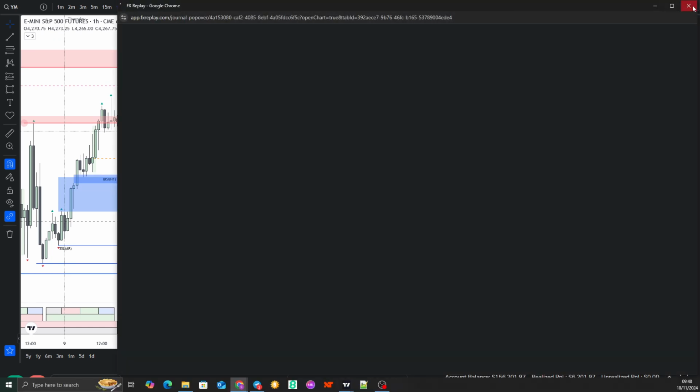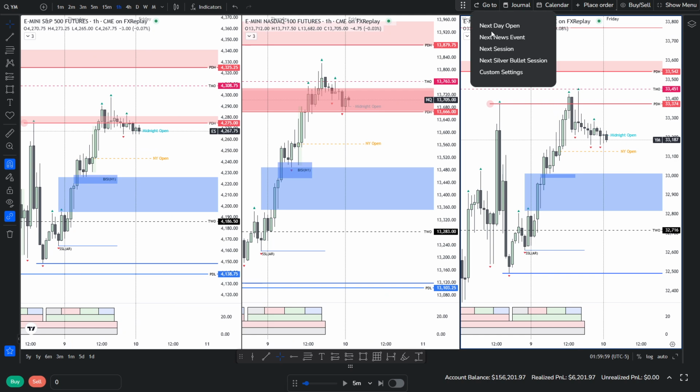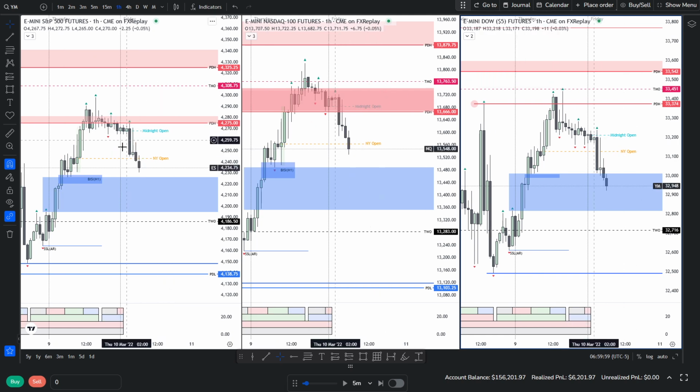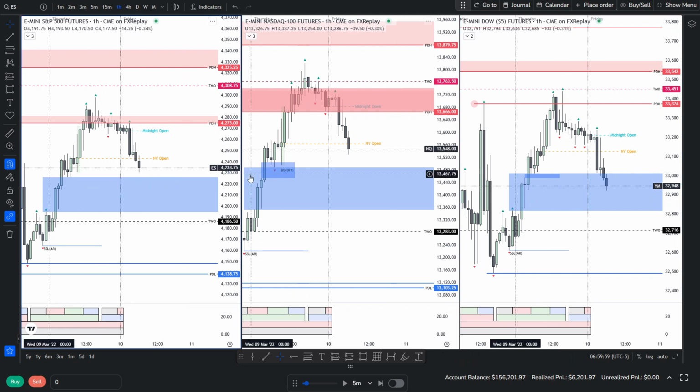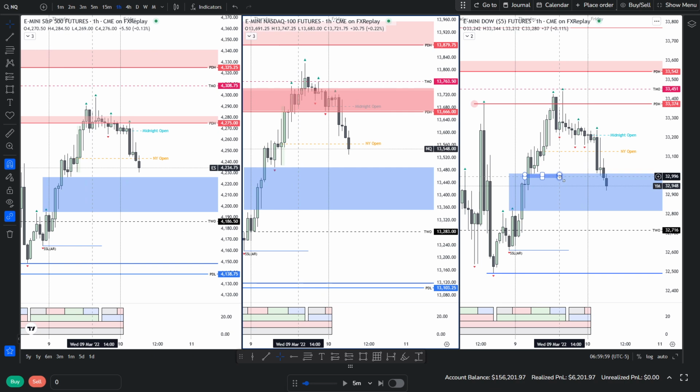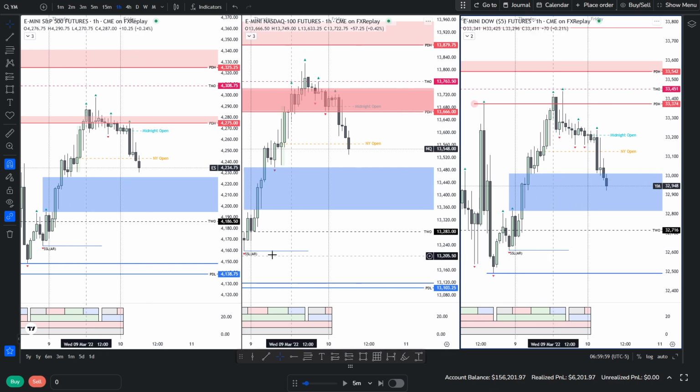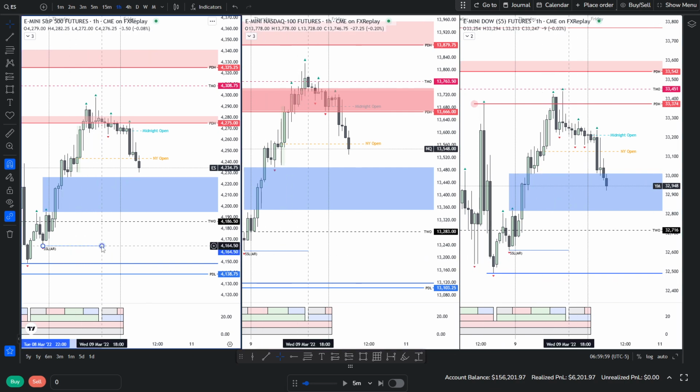Oh, no, I don't want to do that, sorry. I'll go one more. Okay. Just want to get rid of this. Let's get rid of all the hourly stuff. Now, typically I don't trade CPI, but let's have a look. You never know, we might be able to frame something.